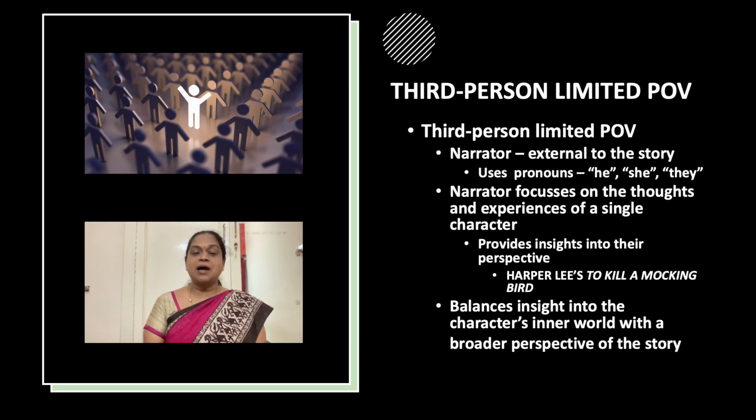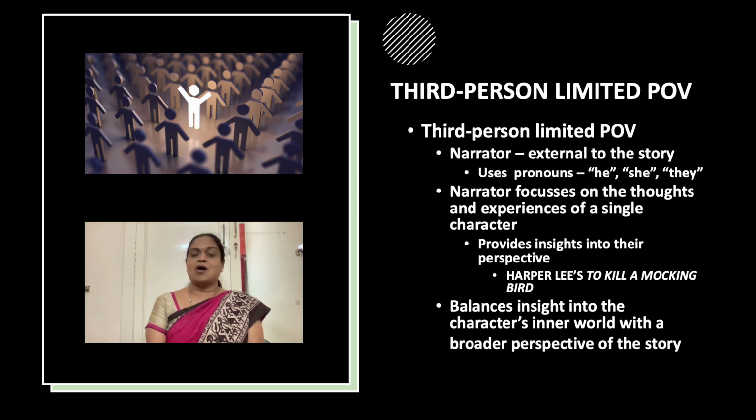Then you have the third person limited point of view. The third person point of view can be divided into the third person limited and the third person omniscient. In the third person limited point of view, you have a narrator who is not part of the story but is external to it.